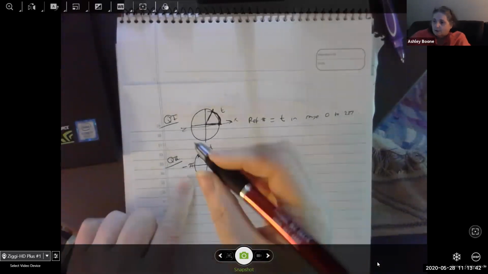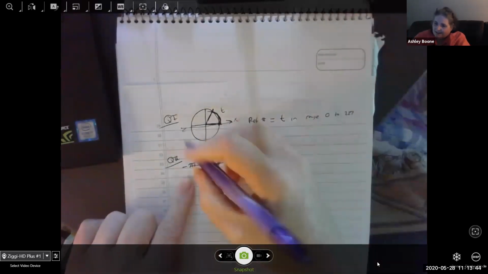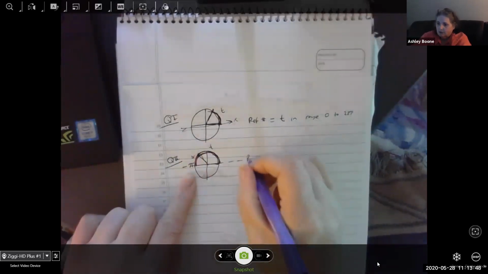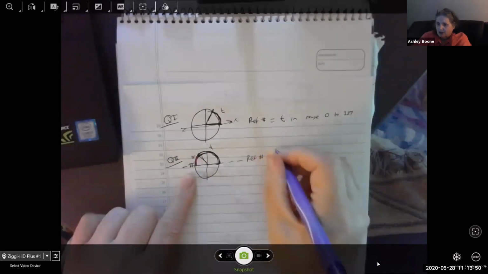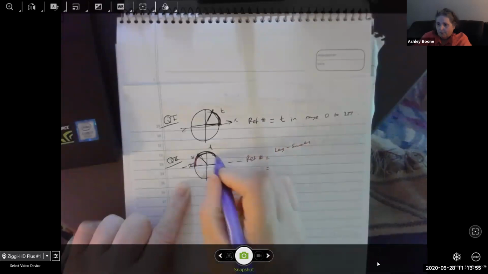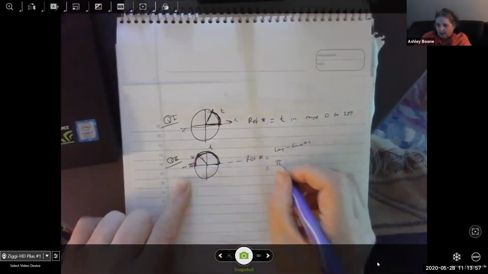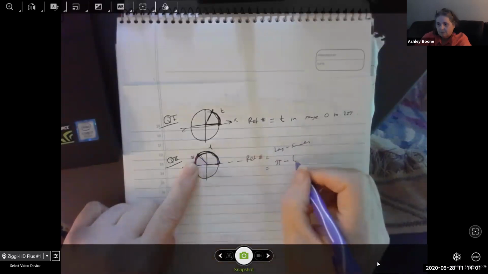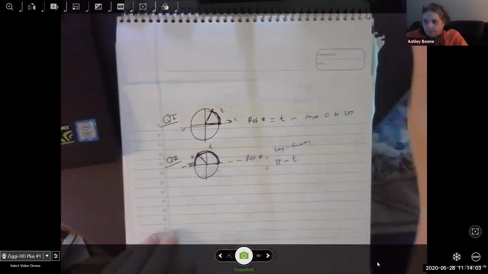So your reference angle there is this distance. So your reference number is going to be the larger minus the smaller. That's going to be pi, which is the distance all the way over to the x-axis, minus that part that we don't want, which is the t. That's if you're in quadrant 2.